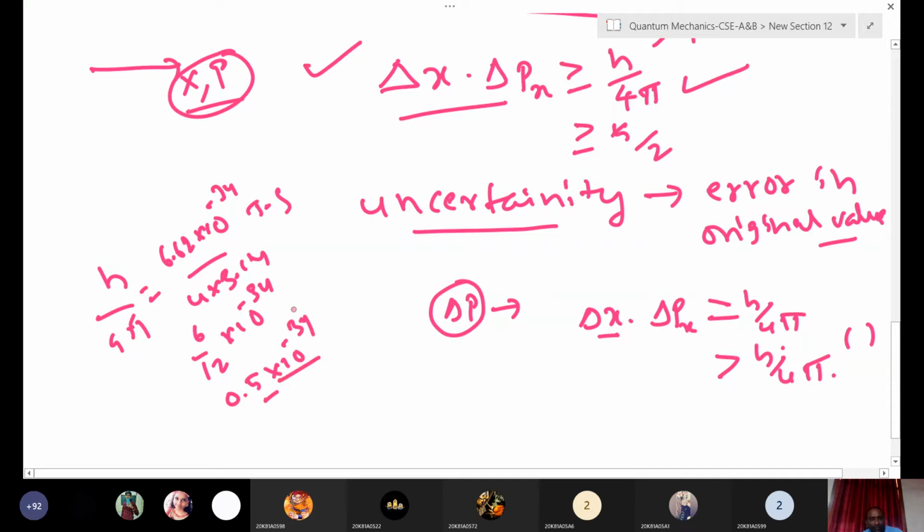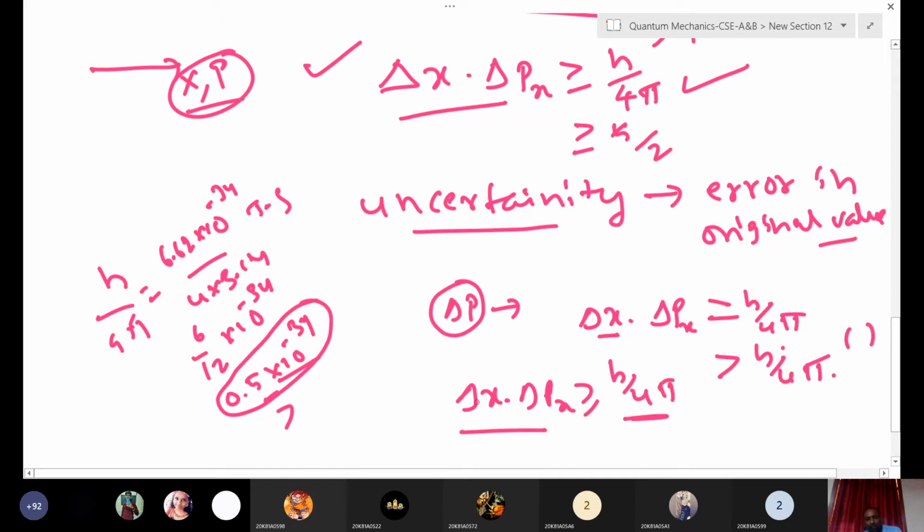There is an error of this much, or maybe greater than this much. If you find this product of the two errors, we will get an error equal to h by 4 pi or greater than h by 4 pi. That is the uncertainty principle.